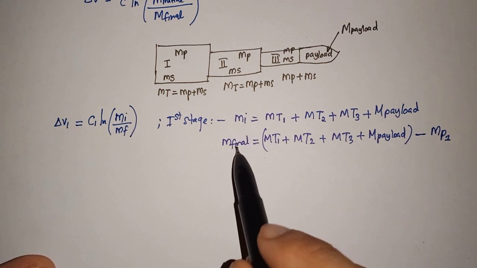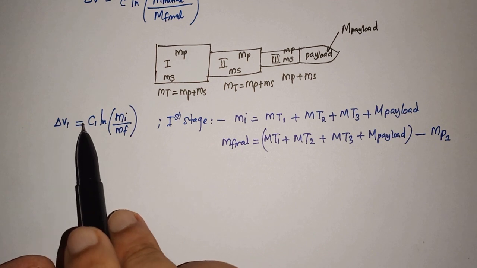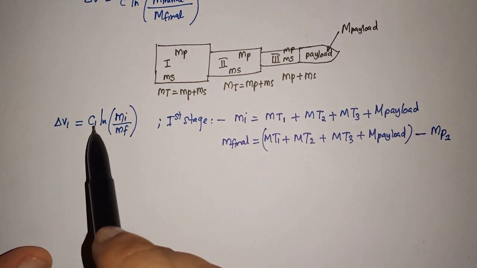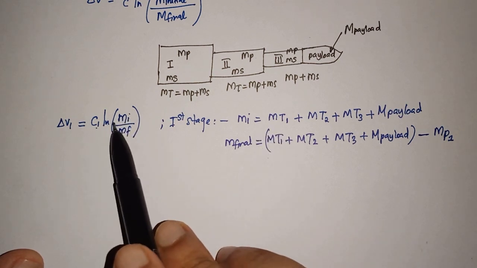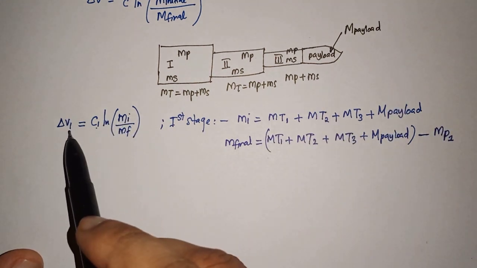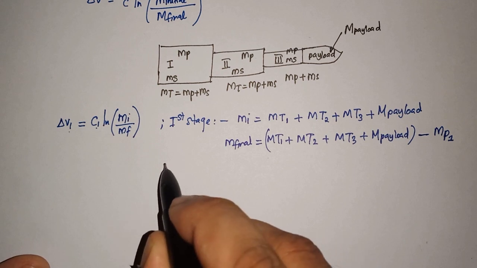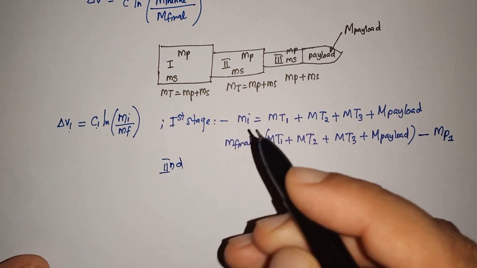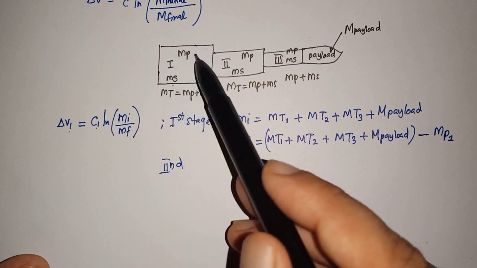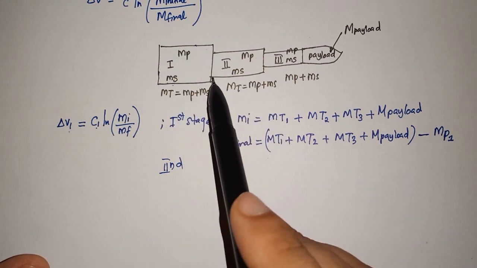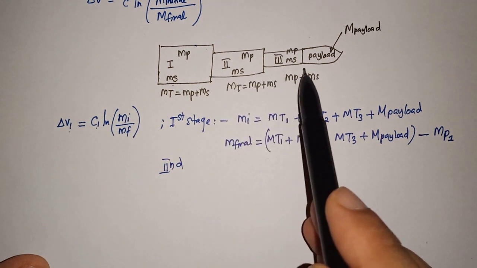So if you substitute this, you are going to get the delta V1 value. If you know C1 and the initial and the final masses, we are going to get the delta V1 quantity. Similarly, for the second stage, the first stage is no longer present, so you can drop this term, drop this stage, and now we are interested in the total mass up to the payload for the second stage. Your delta V2 we need to find.